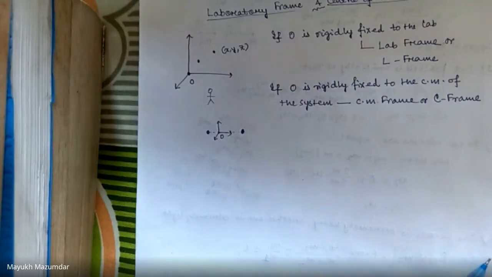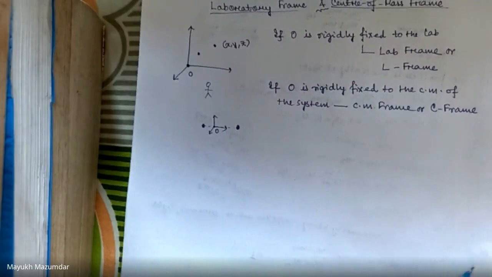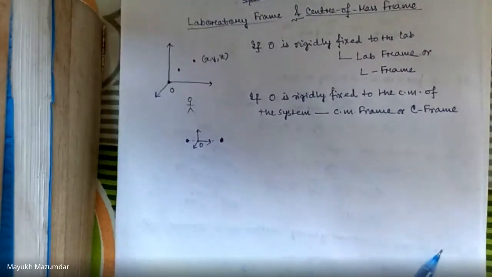And we will see what is the advantage of taking the center of mass frame into account. Why out of the blue are we fixing our coordinate system at the center of mass? We'll see that. Is anyone having any doubt regarding these two kinds of frames? Do you understand what the two frames mean? Please respond.